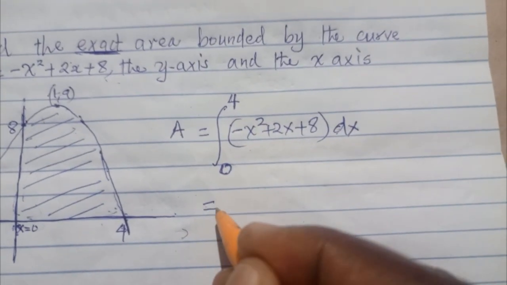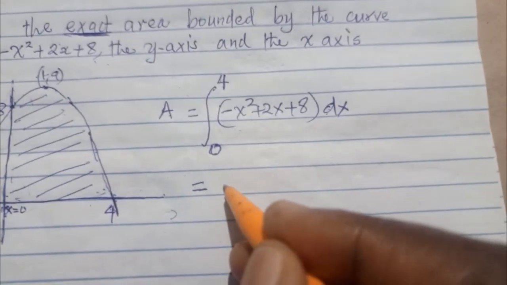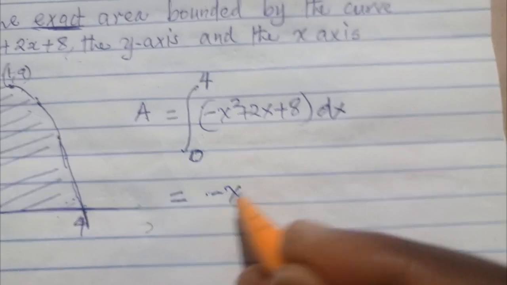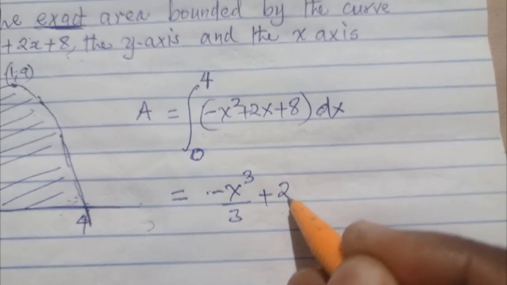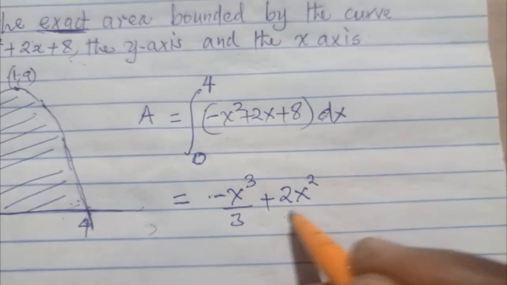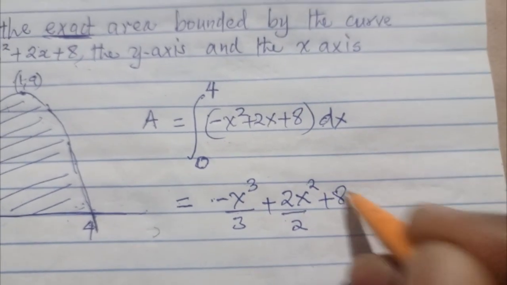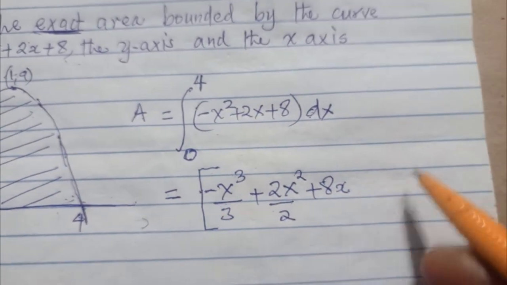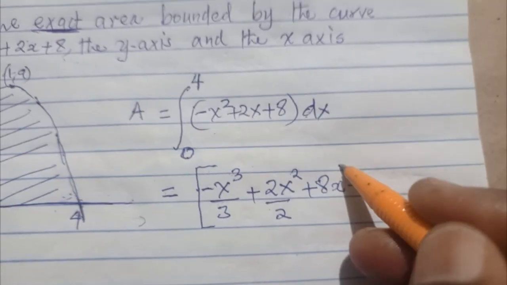So the normal procedure of integration ensues. When you do the integration, we'll have negative x cubed over 3, plus 2x squared over 2, plus 8x. Now, because this is a definite integral, we don't need to add the c.